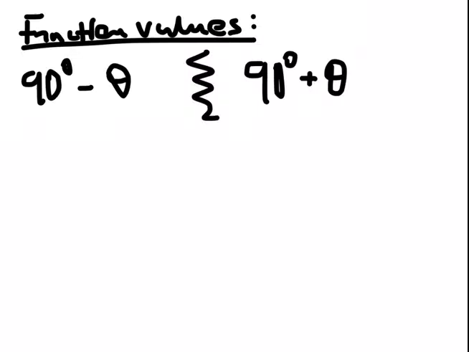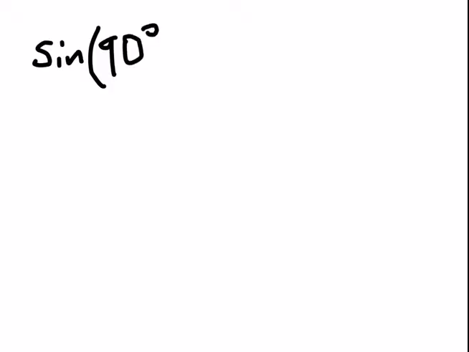So for now, I'm therefore going to start with the function values of 90 degrees minus theta. So let us look at a situation where, let's say, you have sine of 90 degrees minus an angle.